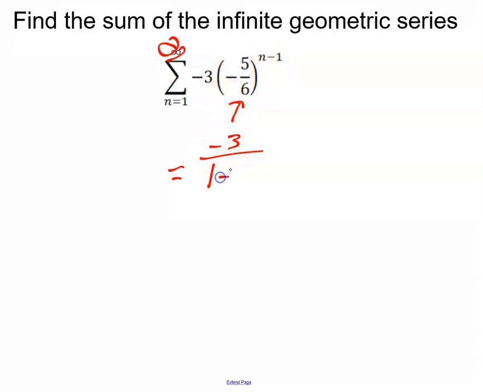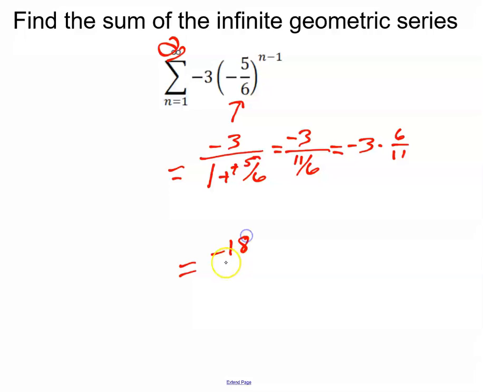And then 1 minus -5/6, plus, gives you -3 over 11/6, which is the same thing as -3 times 6/11, which is -18 over 11.